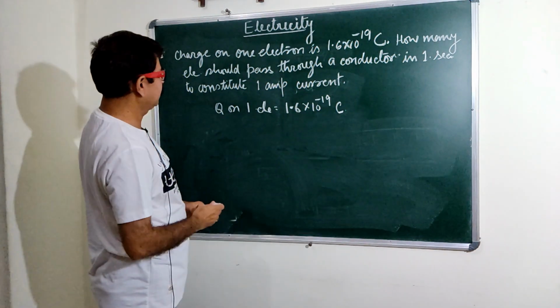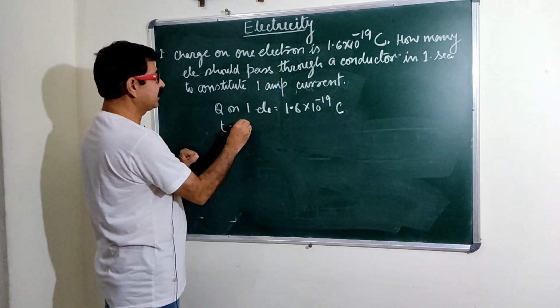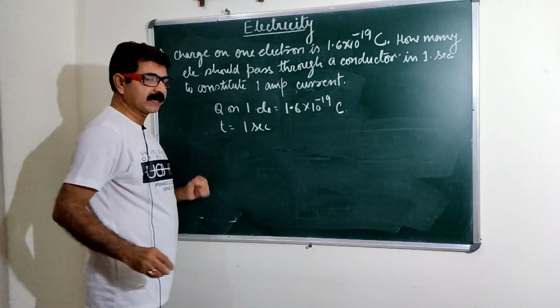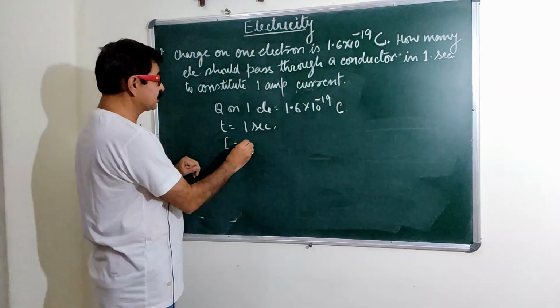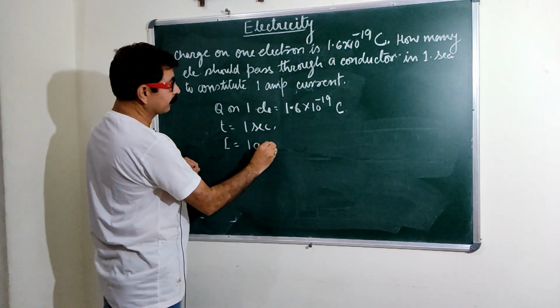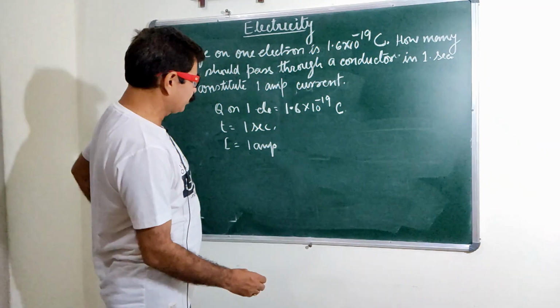Time is 1 second, and the current I is 1 ampere. A very simple formula is Q is equals to IT.